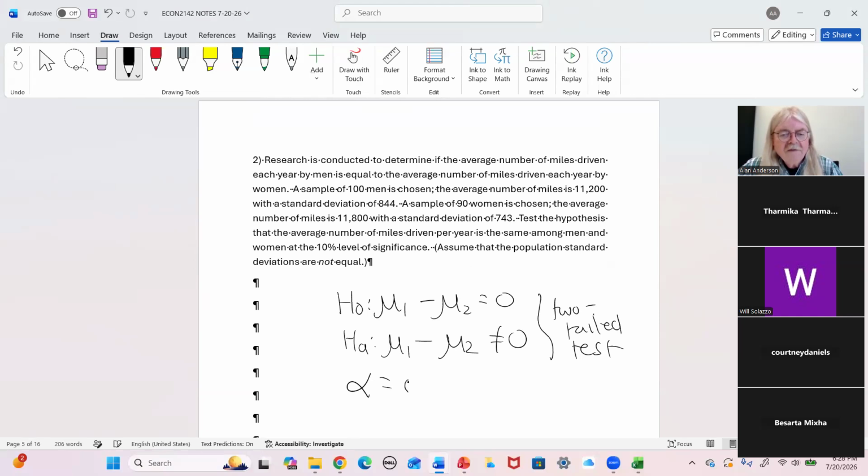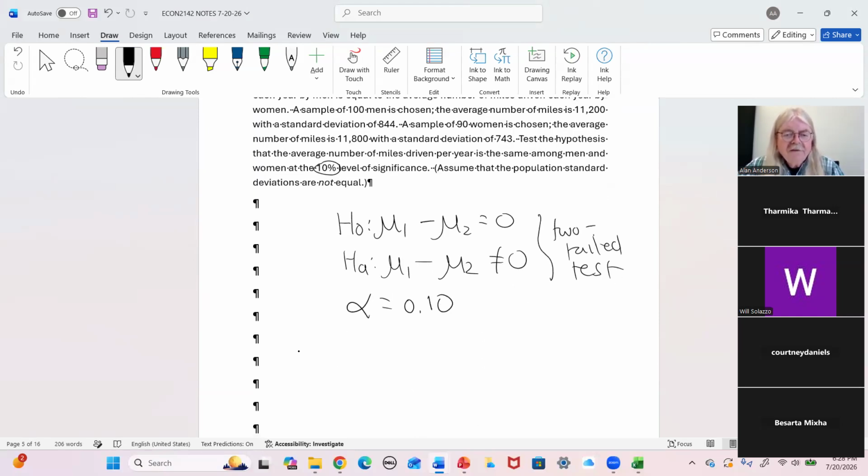Alpha is 0.05, I think. Oh, no, sorry, it's 0.10. I should have read it first. Now, this is the data that we have. And again, it doesn't matter which population is one and which is two, as long as you're consistent.